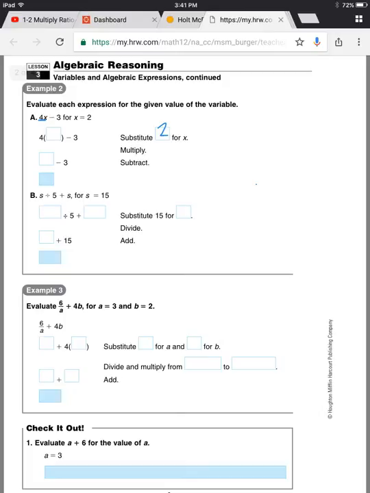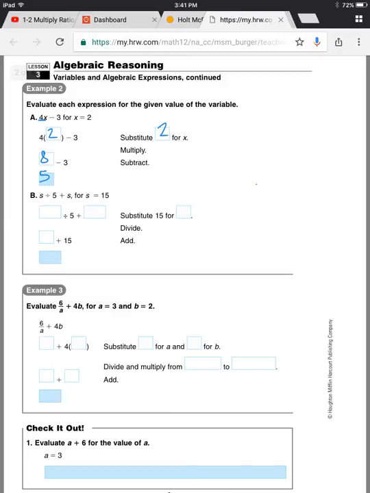So, in order to multiply, we need to put the 2 in parentheses because parentheses is another sign to multiply. You don't just put a 2 there and get 42. You multiply the 4 by 2. That's why we have parentheses. So then we're going to multiply 4 by 2 and get 8. And then subtract 8 minus 3 and get 5.